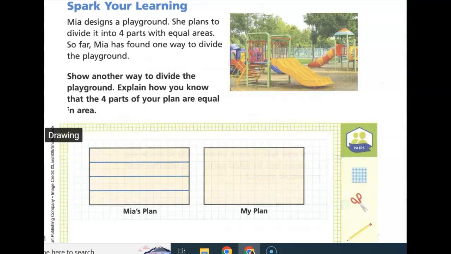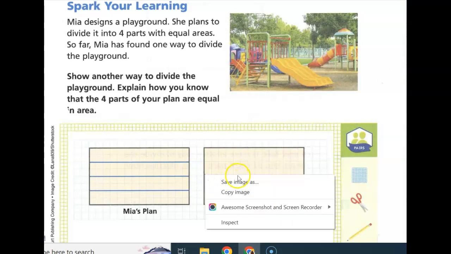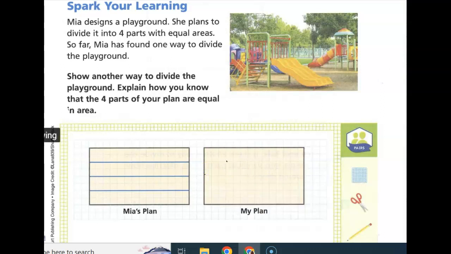So most of you finally came up with dividing it horizontally and then going 7 boxes, 1, 2, 3, 4, 5, 6, 7. And dividing it vertically that way. Okay? So if you are still struggling, go ahead and divide it that way.